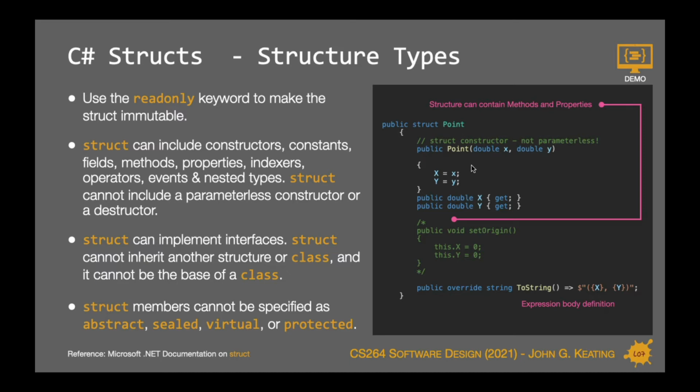Okay. So structs can include constructors, constants, fields, methods, properties, indexers, operators, events, and nested types, but they can't include a parameterless constructor or a destructor. Have you come across destructors before? No, because you did Java, and Java doesn't allow you to work with destructors.